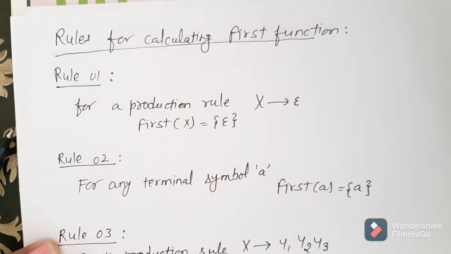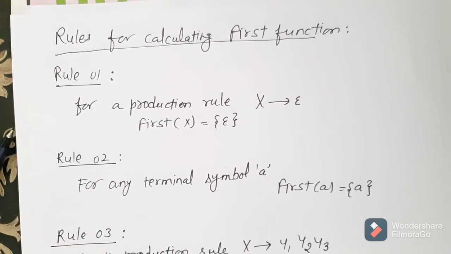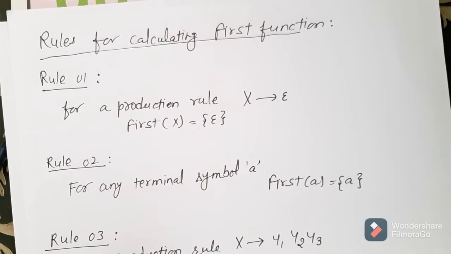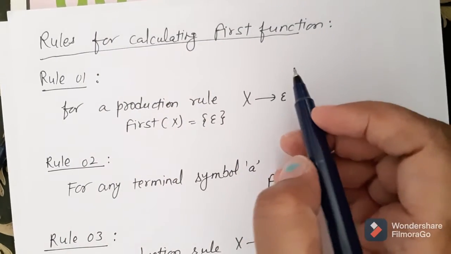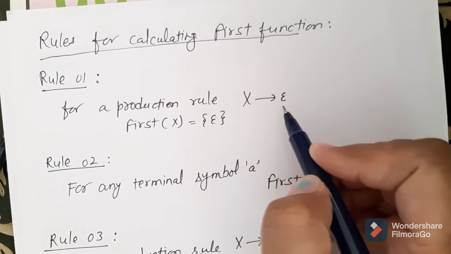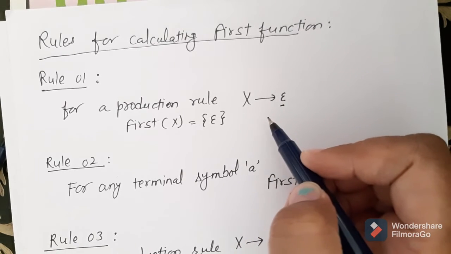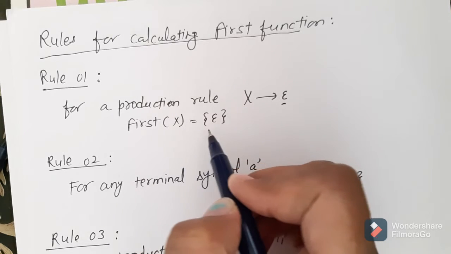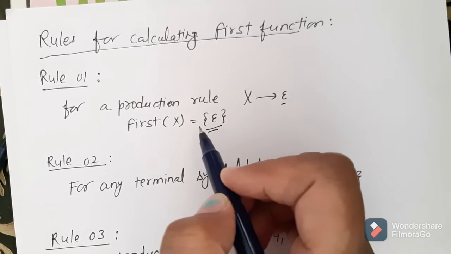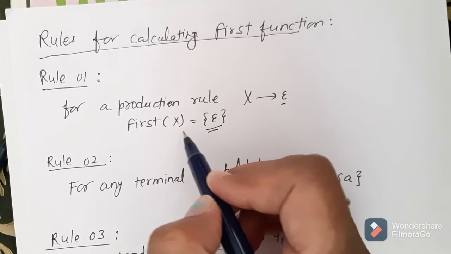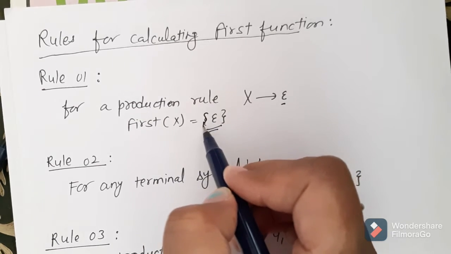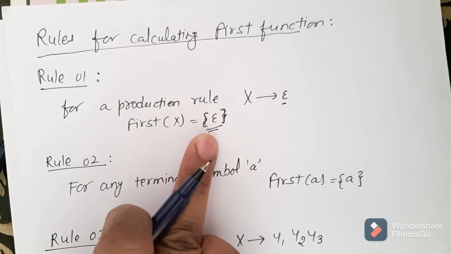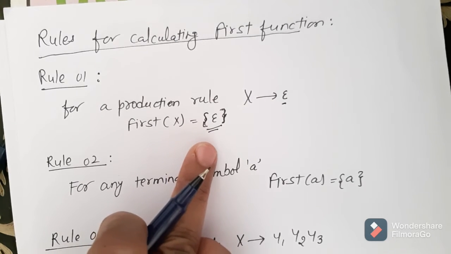First rule, rule 1: if I find this type of production, X tends to epsilon, then first of X will be epsilon, and always remember first is a set of elements. So I represent this with the help of set braces.